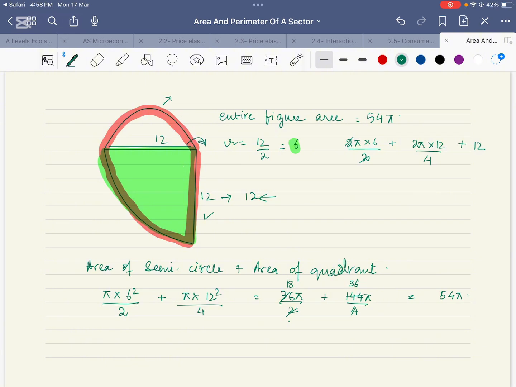So this is 6 pi plus 6 pi plus 12. So this is 12 pi plus 12.